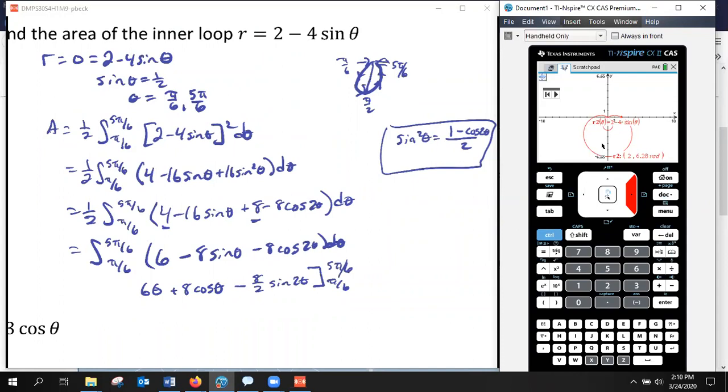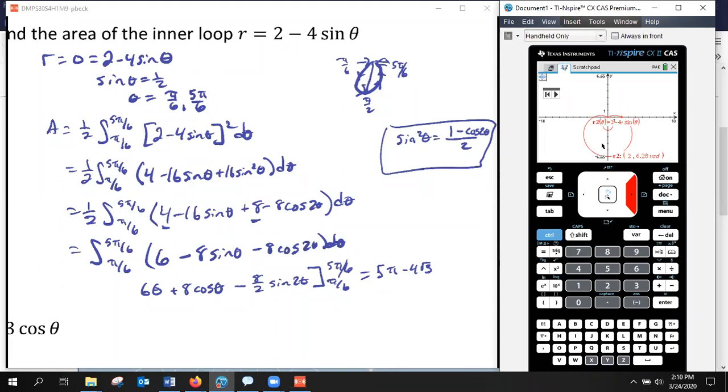But I'm already here. So finishing off, 6 times 5 pi over 6 is 5 pi. Cosine of 5 pi over 6 is negative square root of 3 over 2. So that would be minus 4 square root of 3. The sine of 5 pi over 3, if we multiply that by 2, is going to be 1/2.